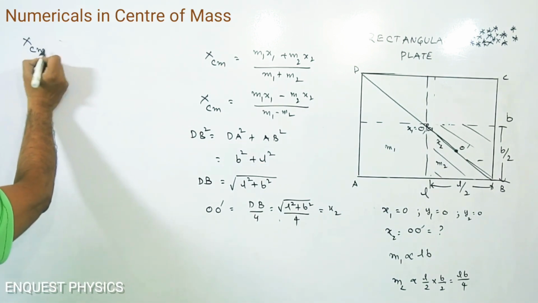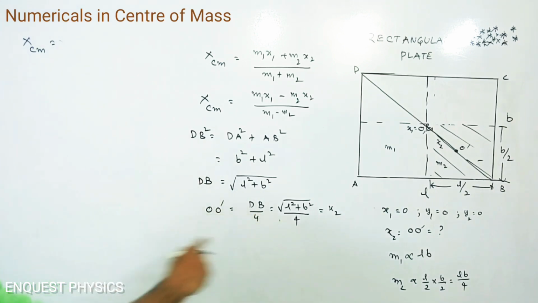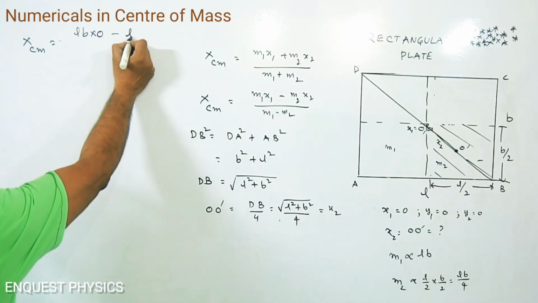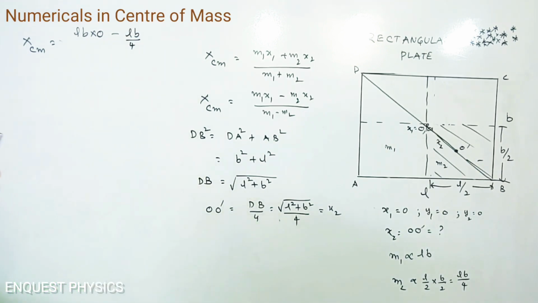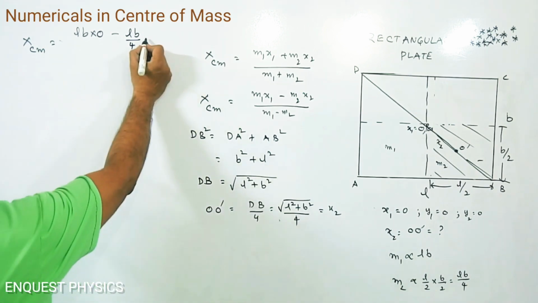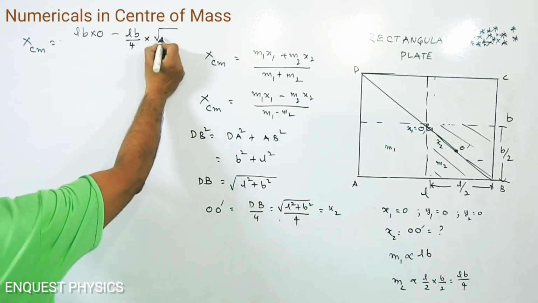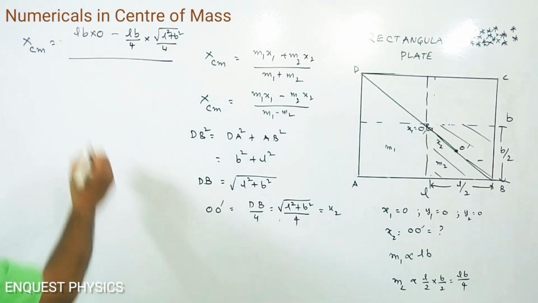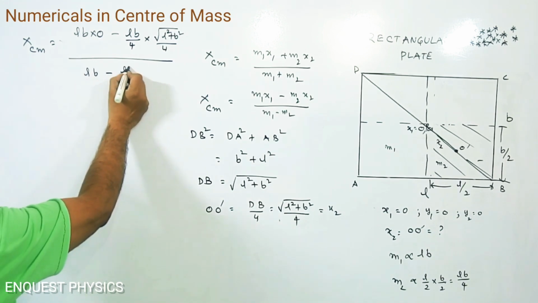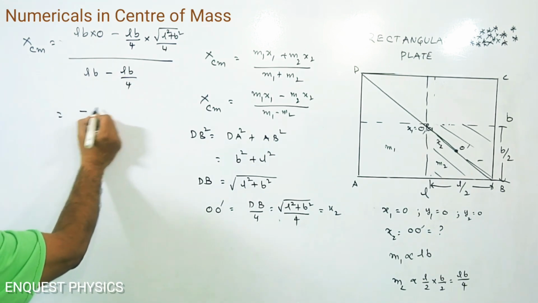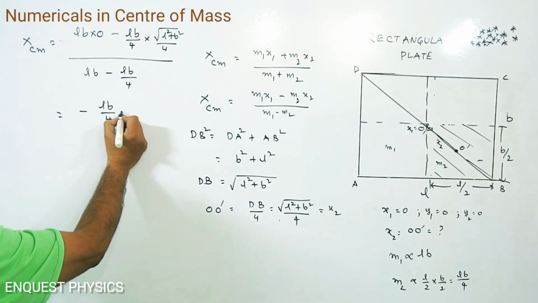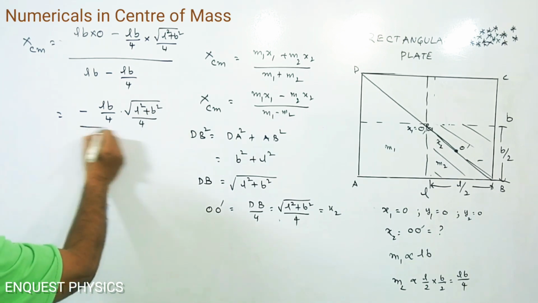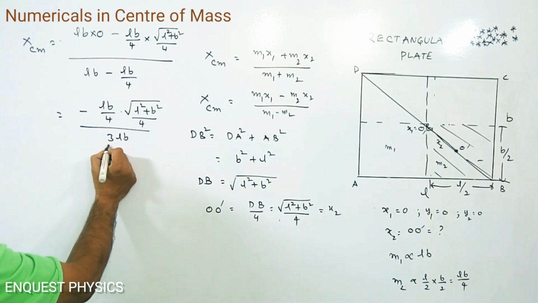Just substituting the values, what we get? XCM is equal to m1, we had LB, into 0 minus LB by 4 into x2, which we had as under root of L squared plus B squared by 4, divided by m1 minus LB by 4, which is 3LB by 4.